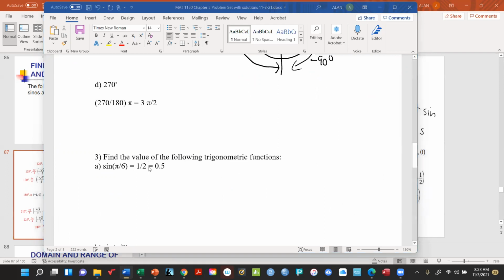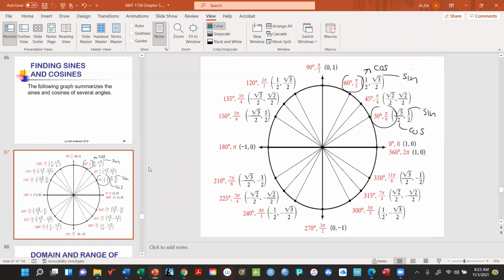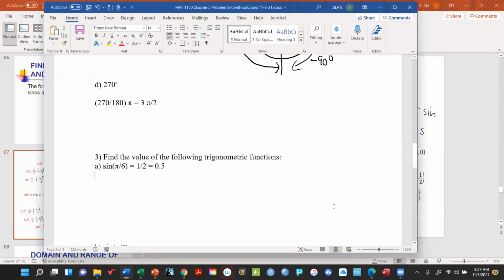All right, so just remember, when you're looking at these ordered pairs, the cosine comes first and the sine comes second. If you go to your calculator in this case, of course, it'll do the same thing. It'll just give you 0.5. All right, but then what about sine of pi over 3?